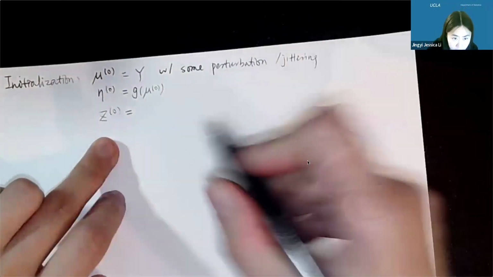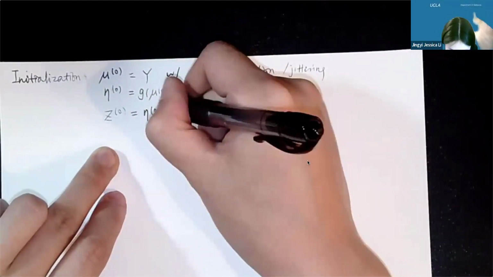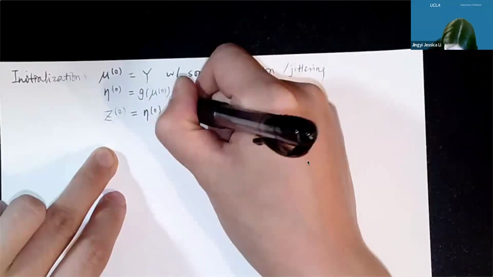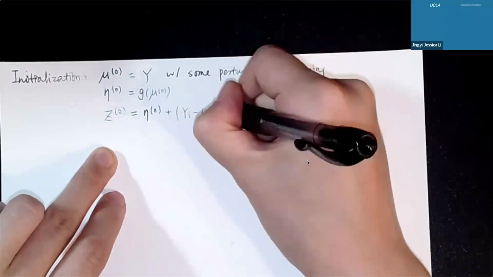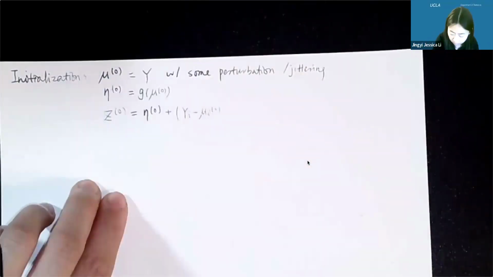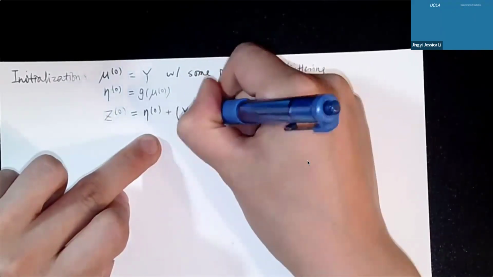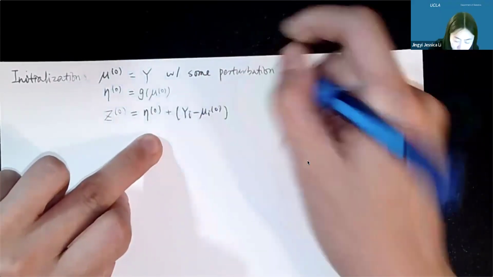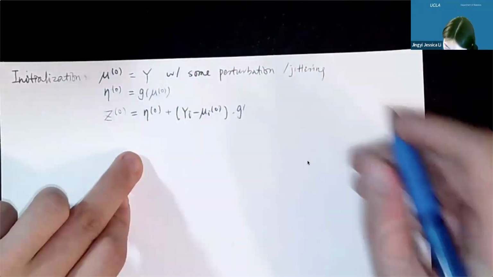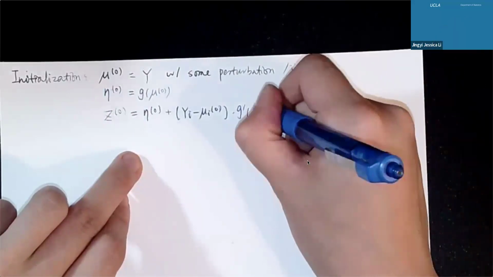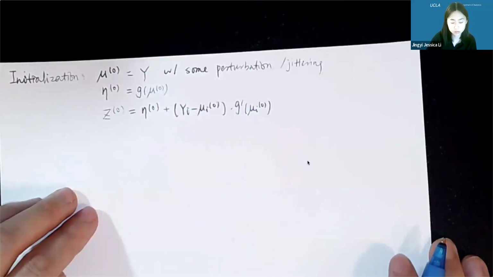So then Z0 is eta 0 plus yi minus mu I 0 times G prime, the derivative of the link function at mu I 0. That's the initialization for the working dependent variable.